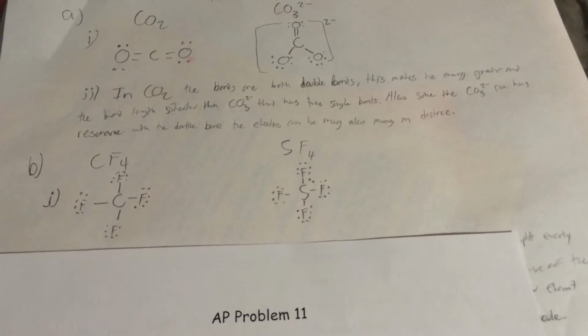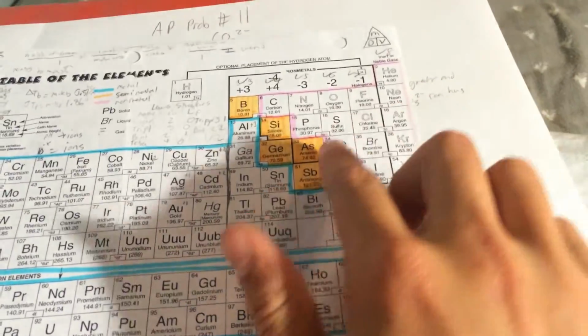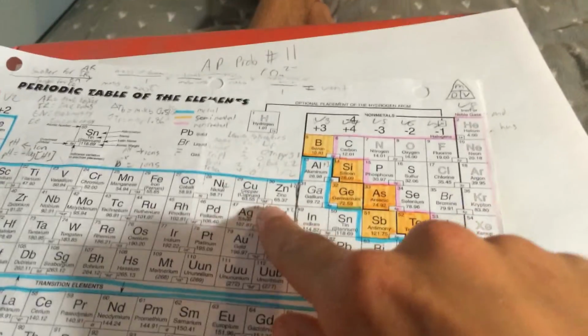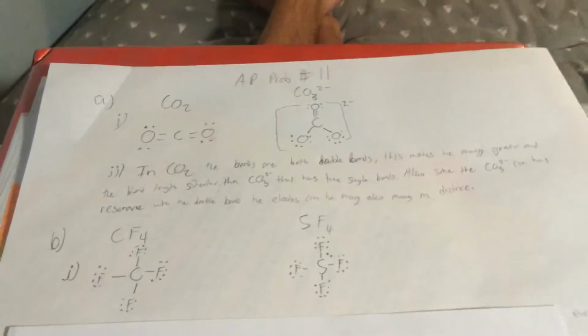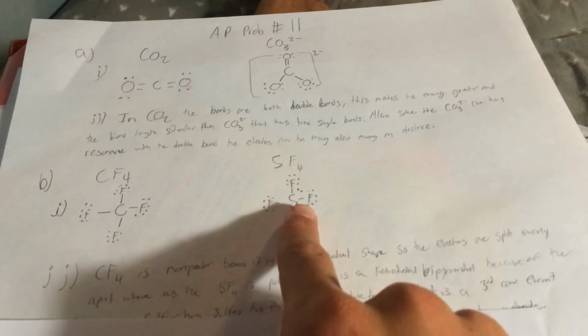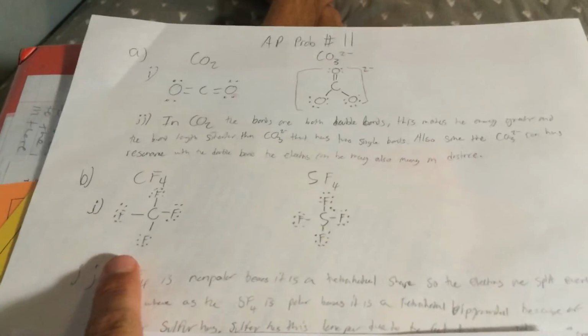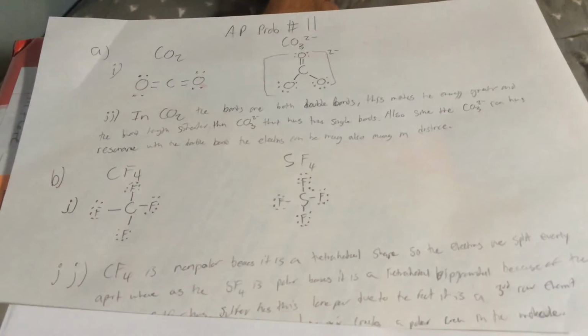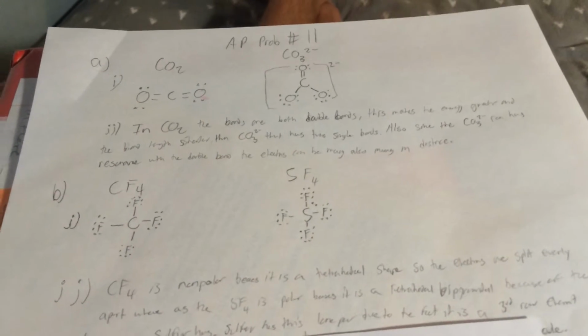And then the SF4 is the same, but since S is on the third row, because we count hydrogen and helium as one row, it has an empty d orbital, so it can hold more electrons. It is an exception to the octet rule, so it also has a lone pair off of it. It's pretty much the same as the carbon one, but with a lone pair off the center atom.